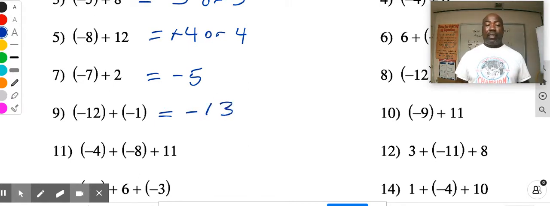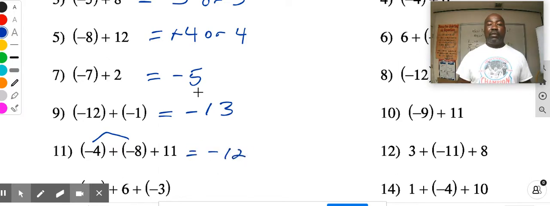That is correct. Now, there are some fancy problems down here in which you're going to add 3 integers. If you take a look at these two, we're going to add a negative 4 plus a negative 8, which is equal to a negative 12, plus a negative 11. Take the sign of the higher one, and this is going to become just negative 1.